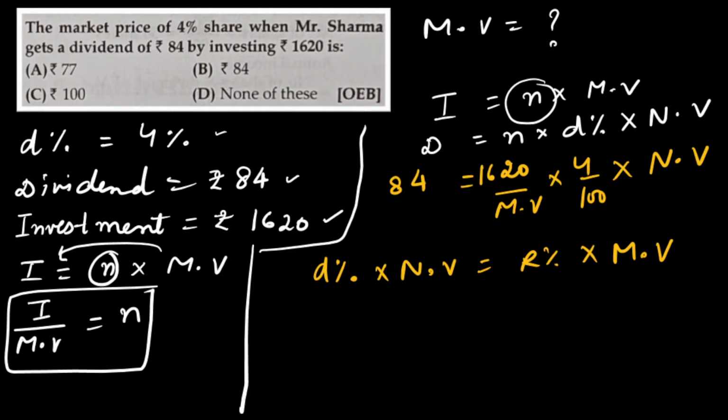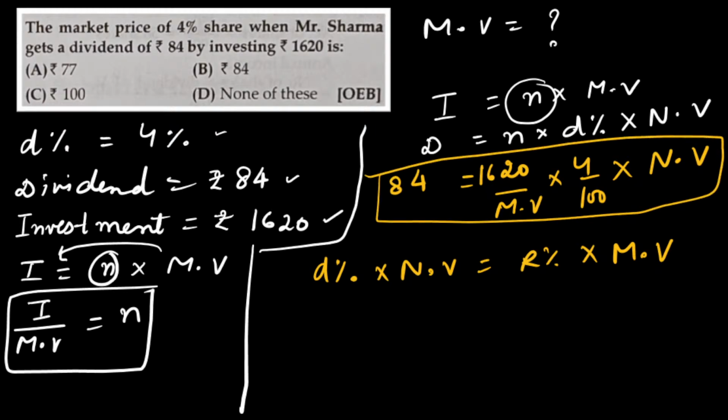Okay, so here in this question, what we can do? See, we have done till here, but with this we are not able to reach any answer because both the things are not given to us. When market value is not given to us and nominal value is also not given to us. So what we can do here?